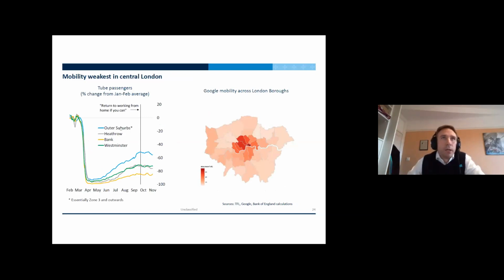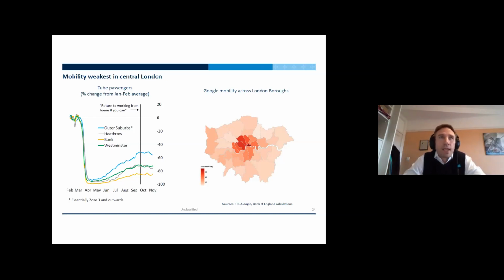The outer suburbs of London, which is broadly zone 3 and outwards, has been less affected. Now, all that tallies quite well with the chart on the right-hand side, which shows declines in Google mobility across different London boroughs. Clearly, it shows the biggest reductions in the centre of London.